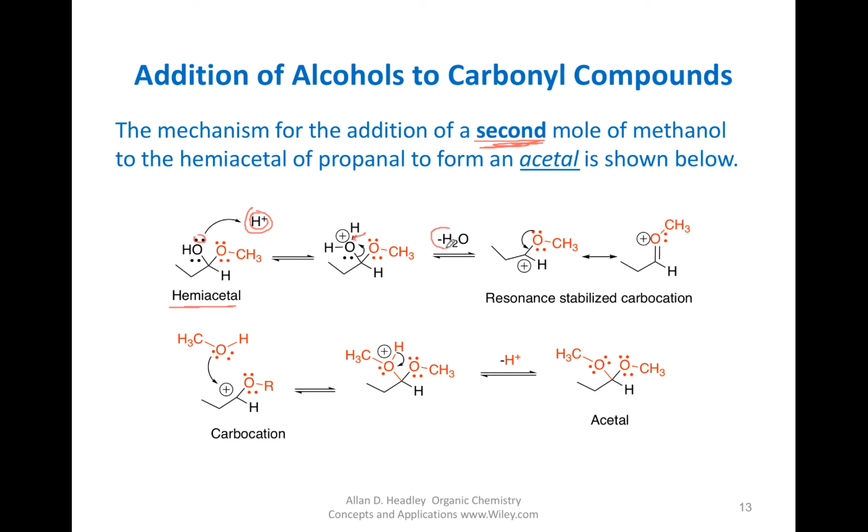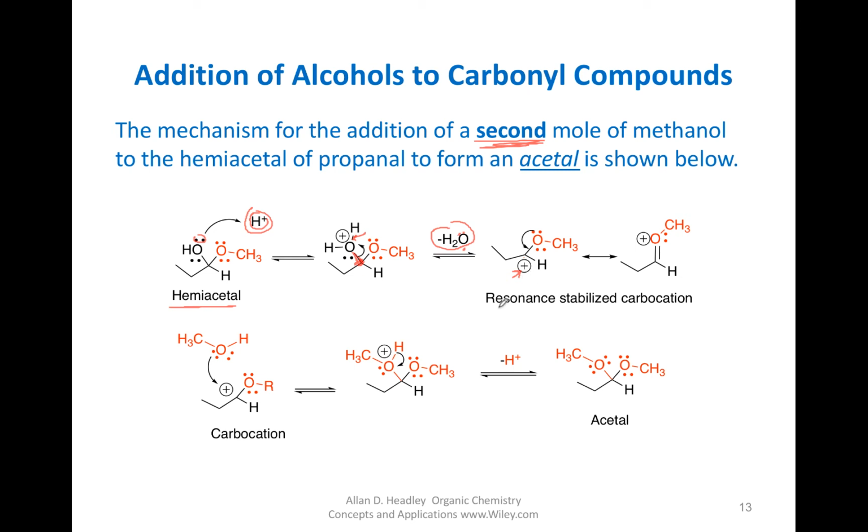Now water is a good leaving group, so we can use these electrons here to put 2 electrons on our oxygen to get it to go as water, and what's left behind on this carbon is of course a positive charge.